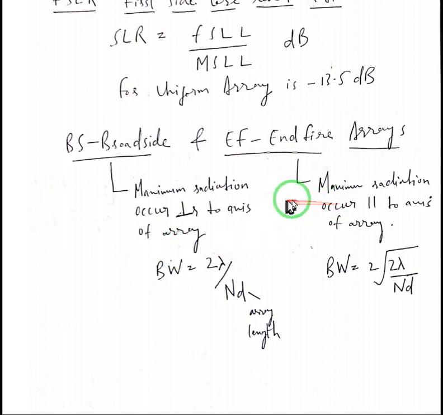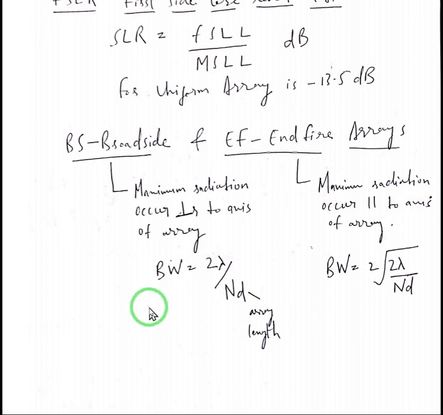The second is the endfire array. In an endfire array, maximum radiation occurs parallel to the axis of the array. That means any array antenna which has the maximum radiation parallel to the horizontal axis at which the antenna is being coupled is called an end-fire array.